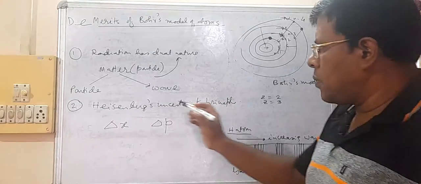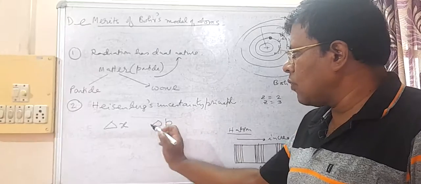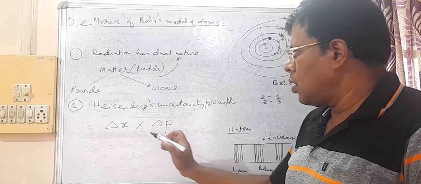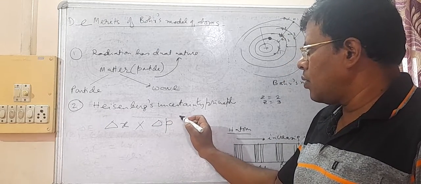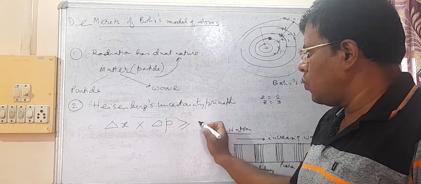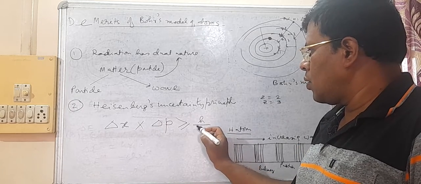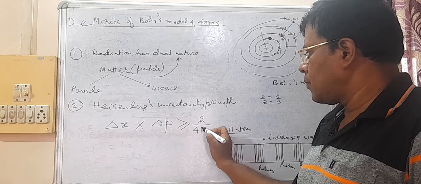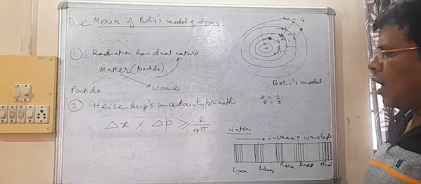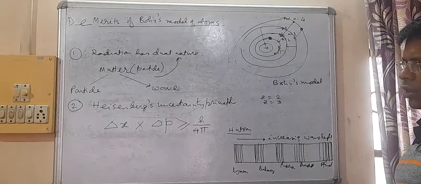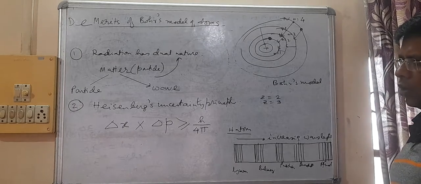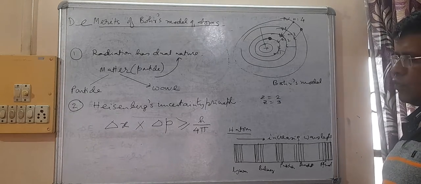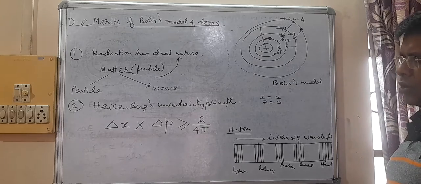Heisenberg's uncertainty principle says that the product of these two uncertainties is going to be greater than or equal to h by 4 pi, where h is the Planck constant.